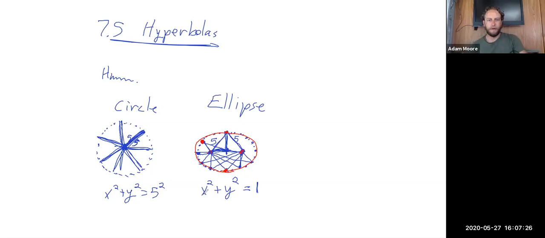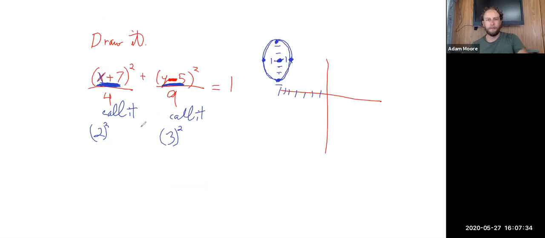Okay, in this case, the x's are being stretched out further and further that way. And so what we would say is if the x's are stretched out, then we have these numbers that are dividing under there. And as you guys might remember, when I have a bigger number under the y, it's stretching the y-axis further. If I had the bigger number under the x, then it stretches the x-axis further, because these numbers underneath tell us how far we need to stretch the circle in each direction.